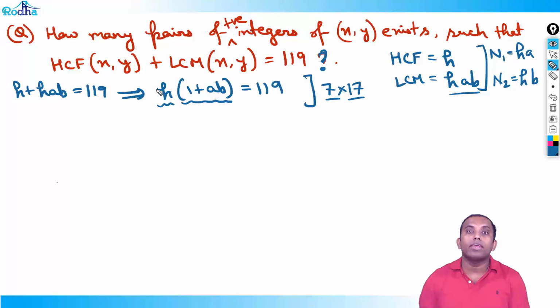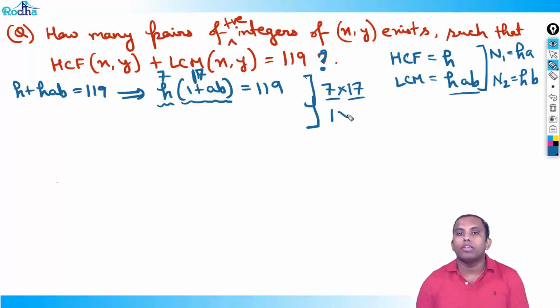So you can sense here what we can do. We can form many cases here. Like when this h can be 7, this can be 17, or the reverse, h is 17 and this is 7. Or 119 can be written as either 7 into 17 or 1 into 119. So basically you can sense that we will have 4 cases here. Those 4 cases are: first, h is 7 and 1 plus ab is 17.